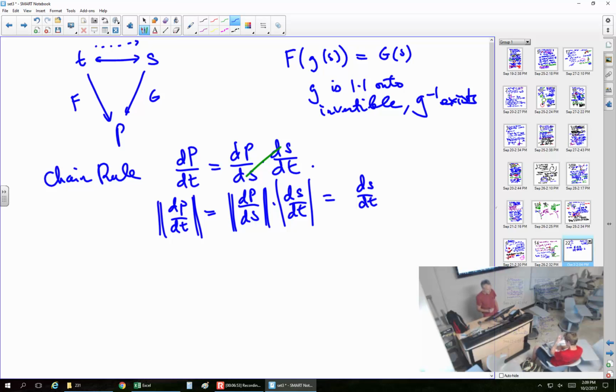Okay, so then dp dt is nothing but simply our derivative. Well, let's rewrite. I have then my ds dt. ds is what we're after after all. What is the arc length parameter?